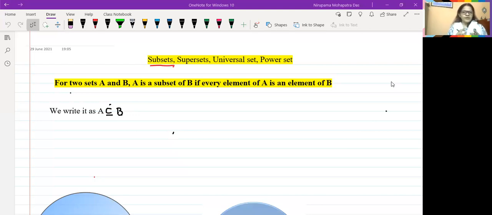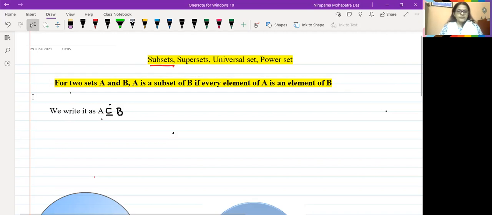For two sets A and B, A is a subset of B if every element of A is an element of B. I'm repeating this: if every element of set A is an element of set B, then we can say A is a subset of B. And we write it like this, A is a subset of B.